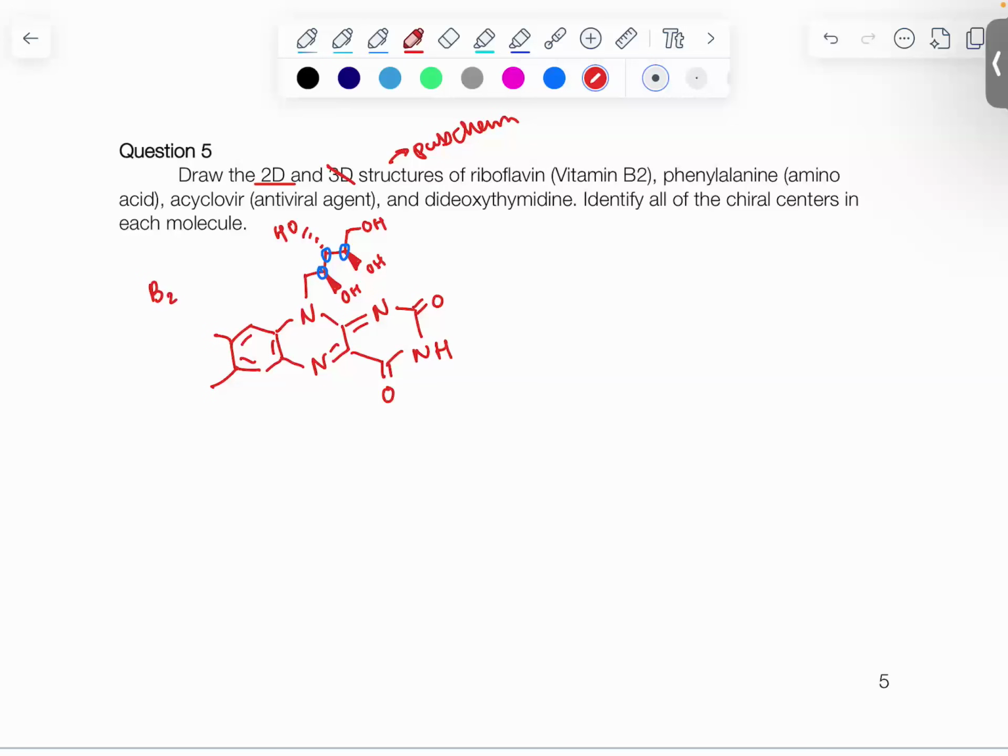So next, we'll do phenylalanine, which as we've moved on in our course, you've seen a lot more of as it is an amino acid.